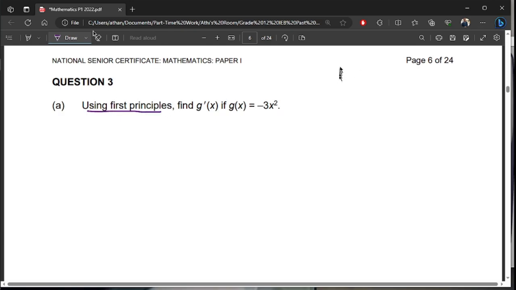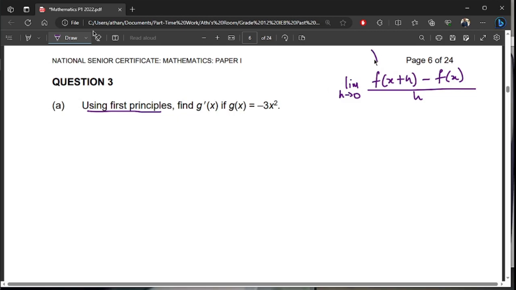Now when they say from first principles, we always use this formula here: f of x plus h minus f of x all divided by h. Now this comes from the limits, so we will not forget to put the limit before we start our differentiation, and then our limit must be as h approaches 0.